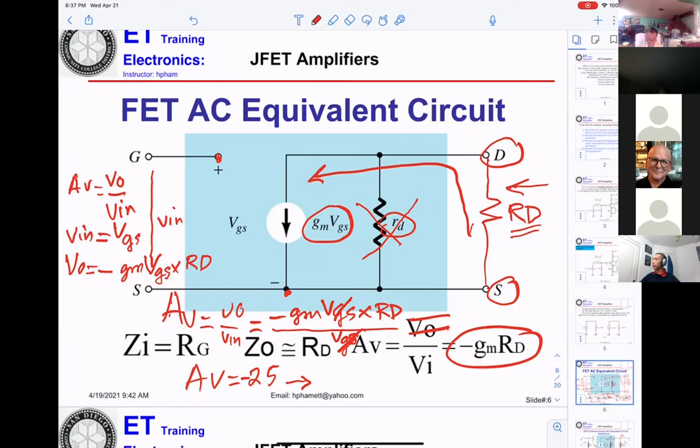However, when I ask you to enter the value of the gain, what do you think you enter?